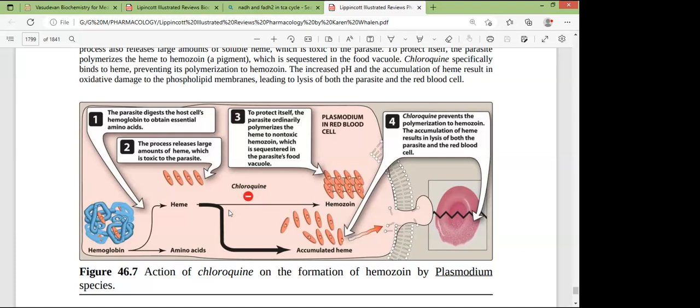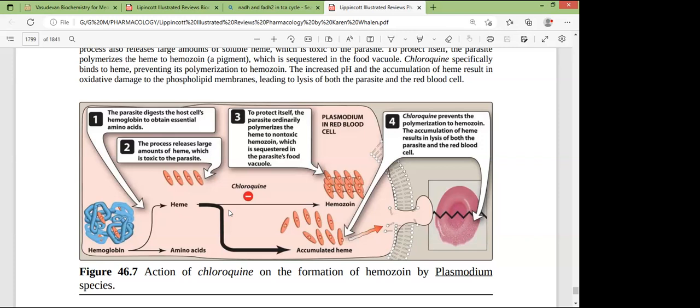Meaning, if left unchecked, heme by itself will do what? It can make the RBC lyse. Remember again, nothing to reduce it. If NADPH is not sufficient, what will happen? The globins will be denatured, the Heinz bodies. But now in this case, we have heme.